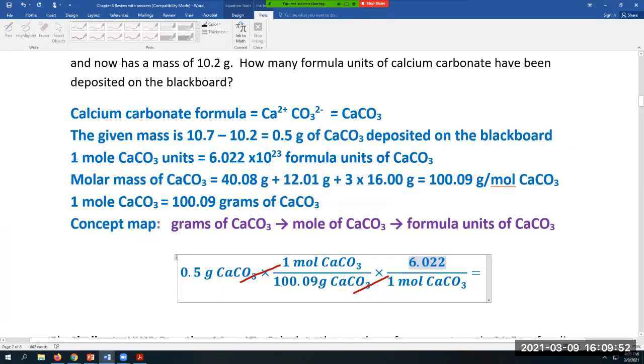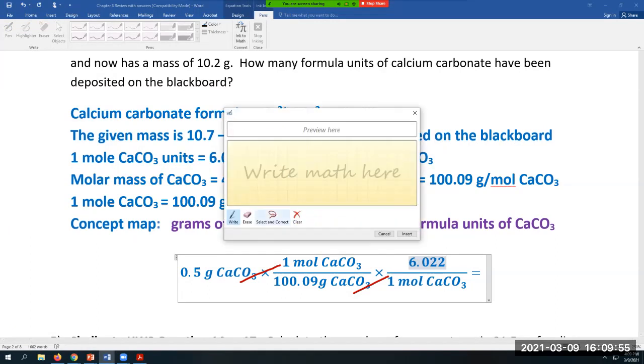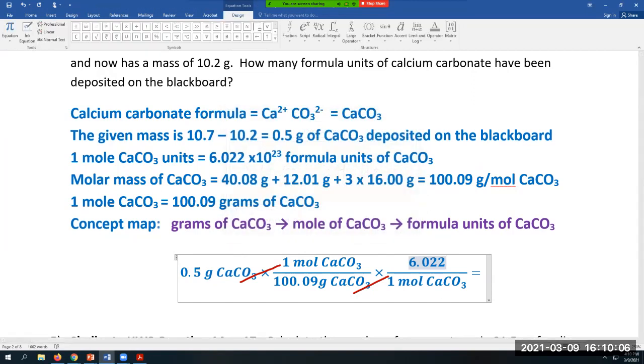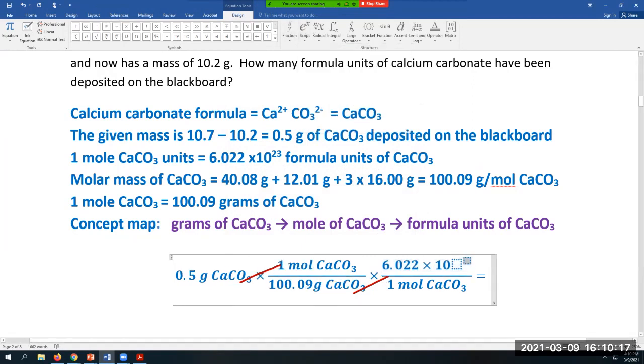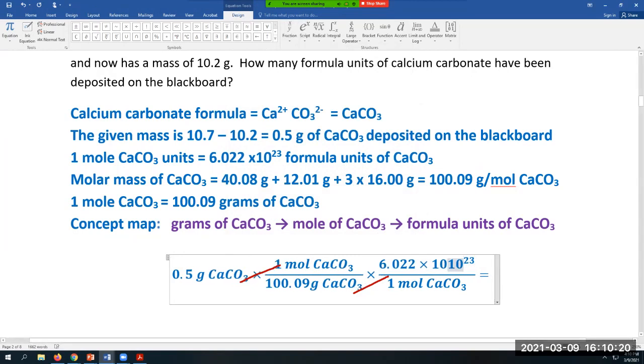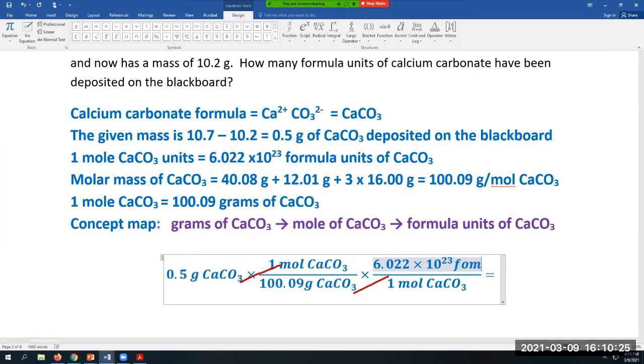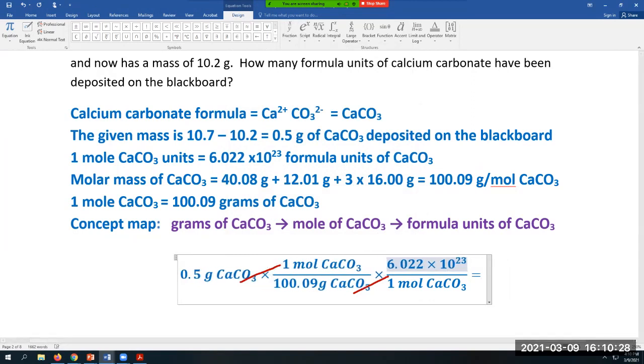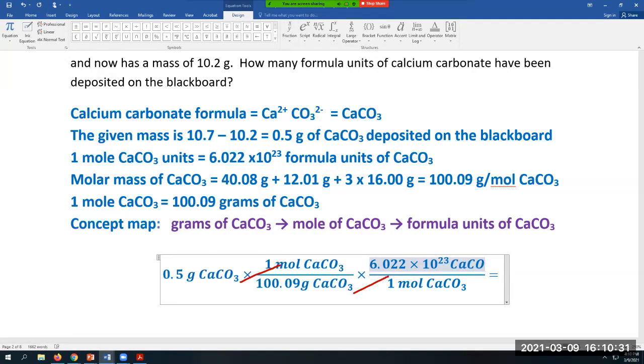6.022 times 10 to the 23. And the units of that are formula, or, I will just write CaCO3 units.